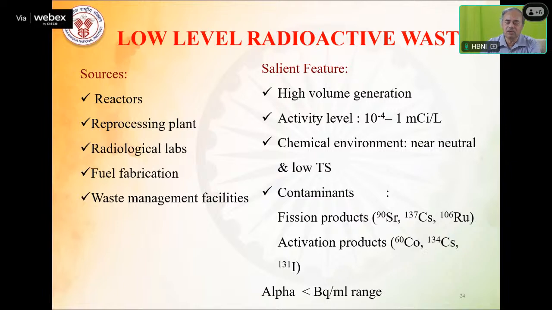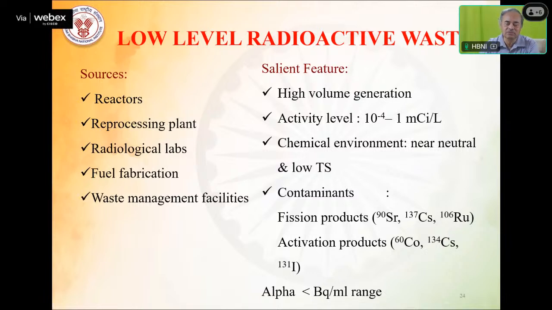Now we come to the low level liquid waste, low level radioactive waste. So we had seen the sources. It comes from the reactors, reprocessing plants, radiological lab, fuel fabrication and waste management facilities. The operating personnel, after completing their task, they are supposed to decontaminate themselves.